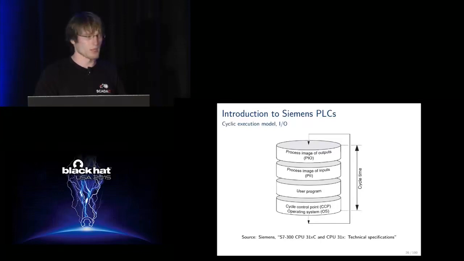After that, the operating system takes over and executes some background functions like network communication. The overall execution time of the cycle is monitored. So if the cycle takes too long, which means the user program hangs or freezes or something like that, then the cycle is killed and an error is raised in the PLC.